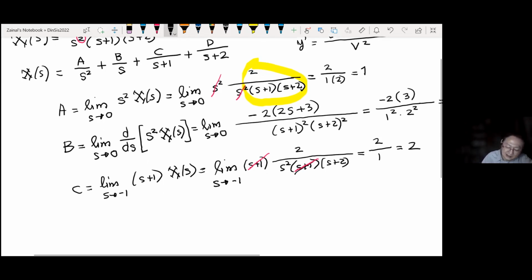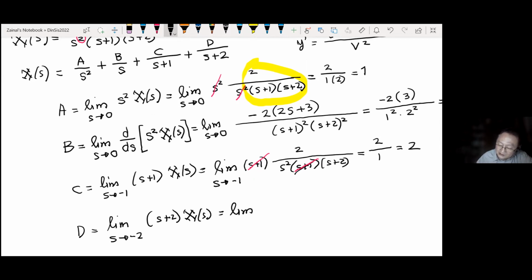Okay, and then D is a similar limit. S approaching minus 2 of (S plus 2) multiplied by X(S). So this becomes the limit as S approaches minus 2 of (S plus 2) multiplied by 2 over S squared (S plus 1)(S plus 2).